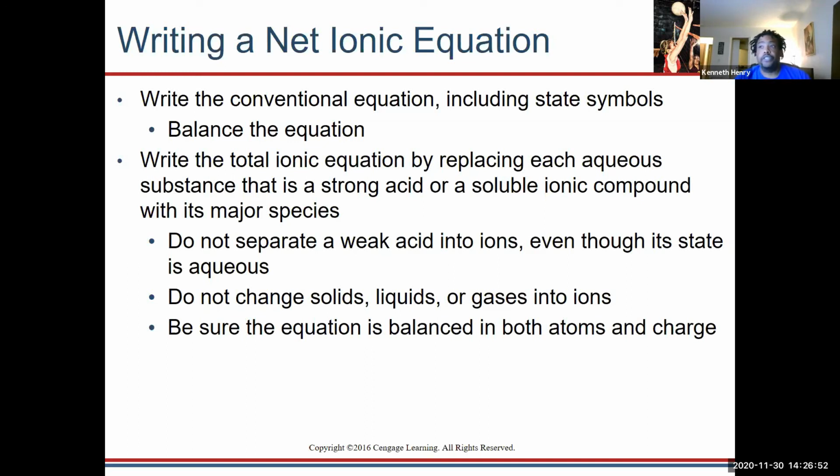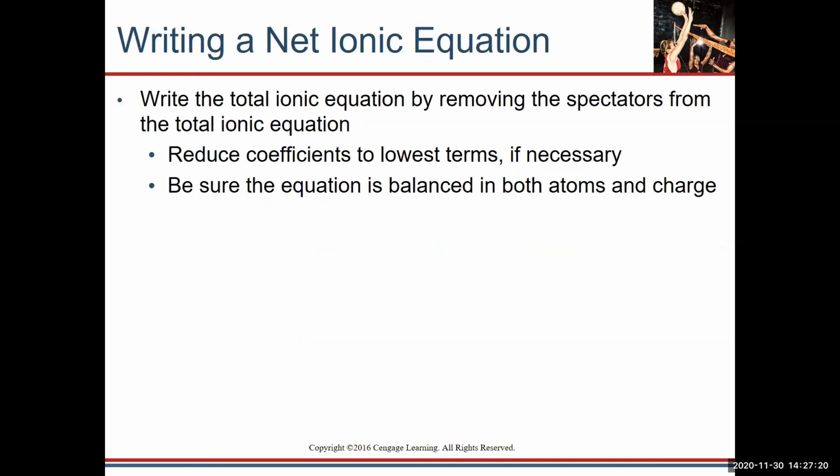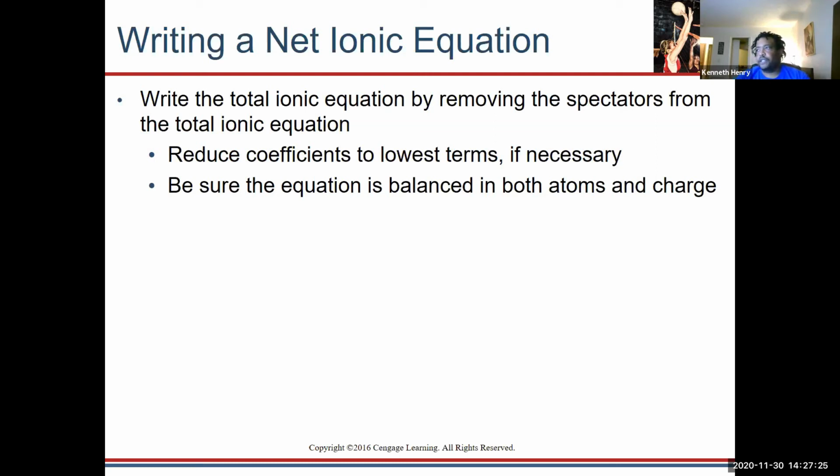Things to keep in mind: weak acids aren't going to separate, and solids, liquids, and gases don't form ions. The last thing is that at the end of the day, the equation is balanced, both the number of atoms and the charges. And if you need to, reduce to the lowest coefficients.